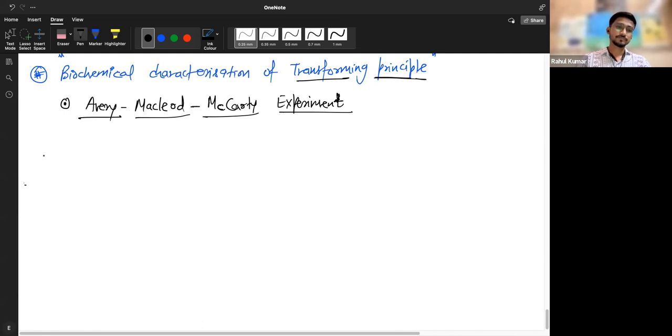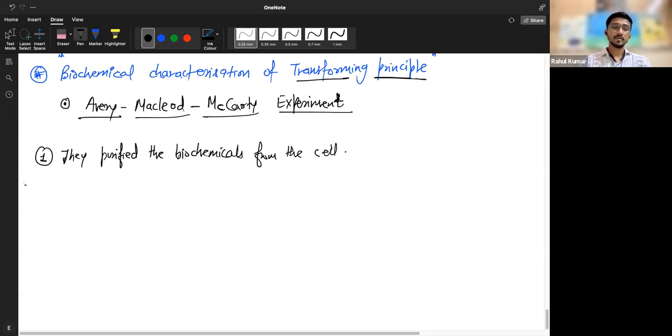purified. So write down first point. They purified the major biochemicals from the cell.